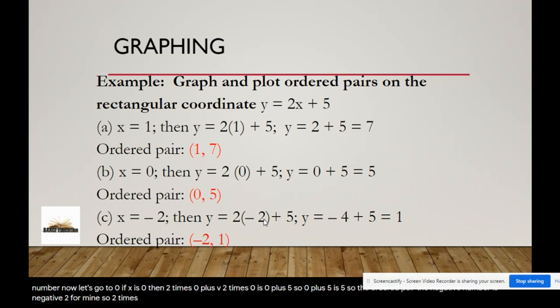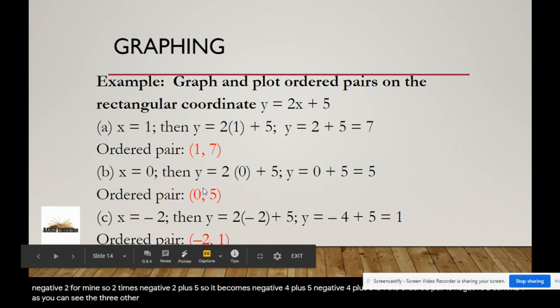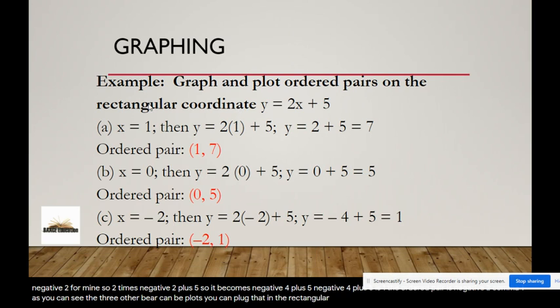So 2 times negative 2 plus 5 becomes negative 4 plus 5, which is 1. The ordered pair is (-2, 1). As you can see, the 3 ordered pairs can be plotted. You can plot them in the rectangular coordinates and draw a straight line, and the straight line will have a positive slope.